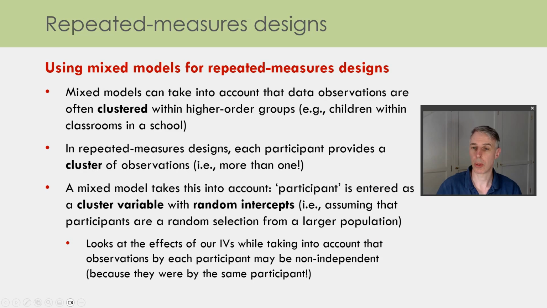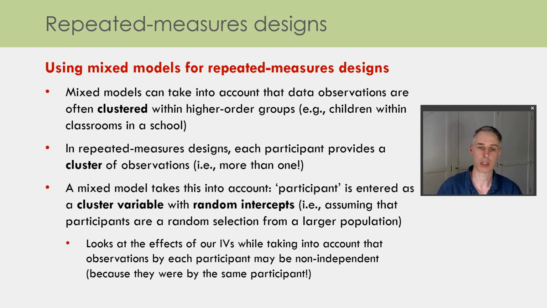Okay, so participant 1, participant 2, participant 3, that participant identifier gets entered as a cluster variable with what we call a random intercept. Now, a random intercept is just a way of building into the model the assumption that the mean value for each participant is simply drawn at random from a larger population of participants and potential mean values rather than having a fixed value.